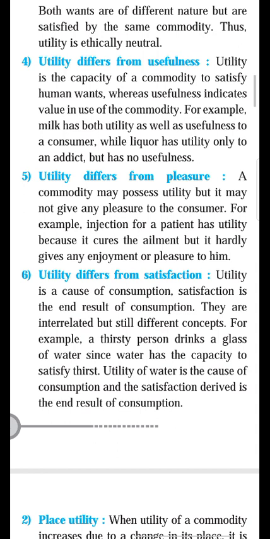Those who are drinking alcohol, after a certain period of time, at a certain age, feel some lung problem, liver problem. So it is injurious to health. The commodity gives satisfaction to the consumer, but it is not useful for their health.